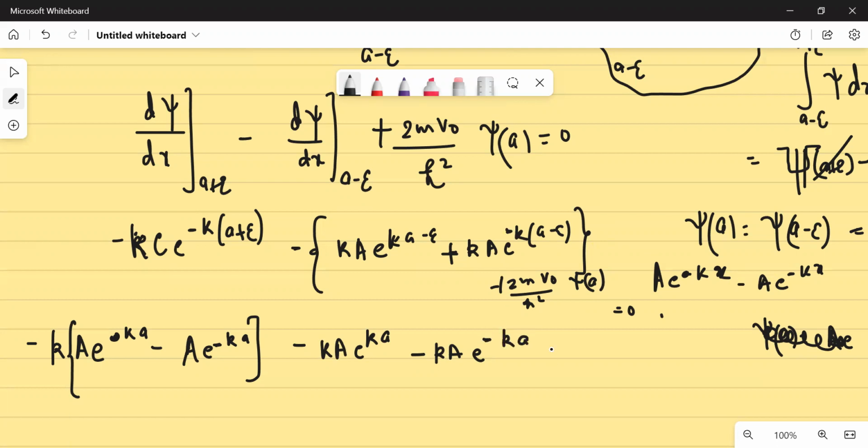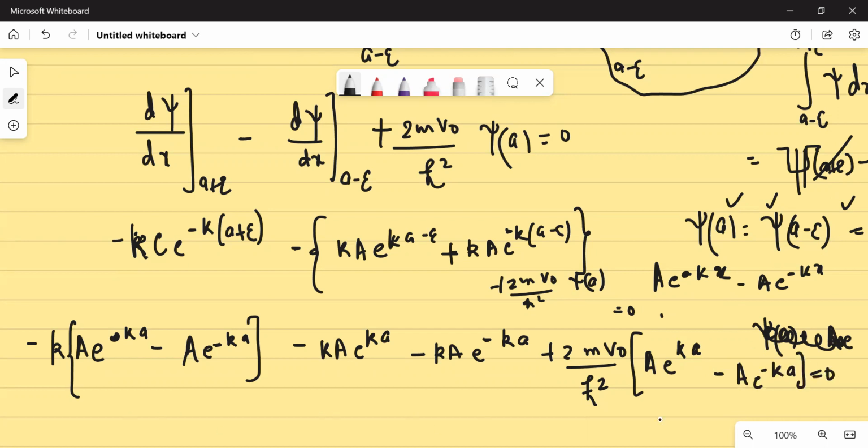Minus ka, and then you have plus 2m V naught upon h bar squared. And since everything is written, I'll write psi at a, because psi at a can be written as psi at a minus epsilon as well as psi at a plus epsilon. If I write psi at a plus epsilon, I will have to write c e to the power minus k(a plus epsilon). But since I have changed it in this form, I would change my psi at a as psi at a minus epsilon, which equals a e to the power ka, forgetting about epsilon, minus a e to the power minus ka.